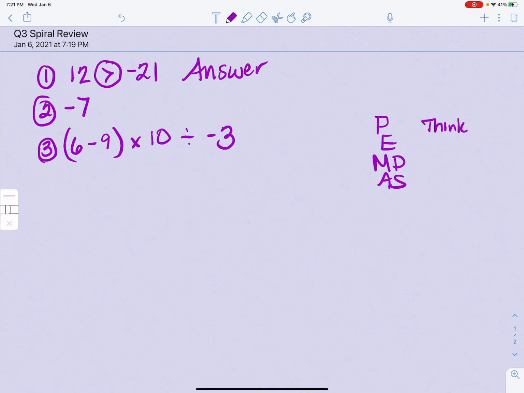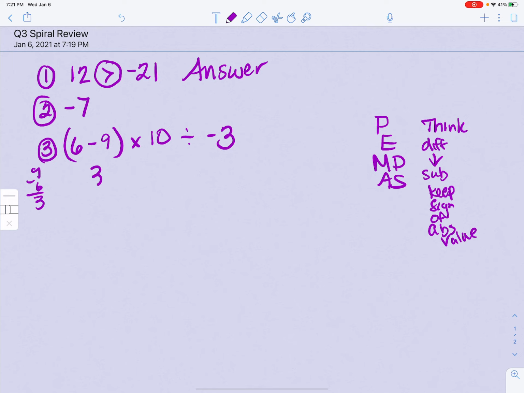And this is adding and subtracting, so they have different signs, which means that I need to subtract and keep the sign of the biggest absolute value. We have covered this at this point. So 9 minus 6 is 3, but it is -3 because the -9 is bigger than the +6 in terms of absolute value, which is the distance from 0.